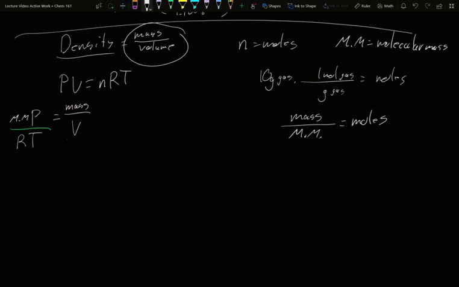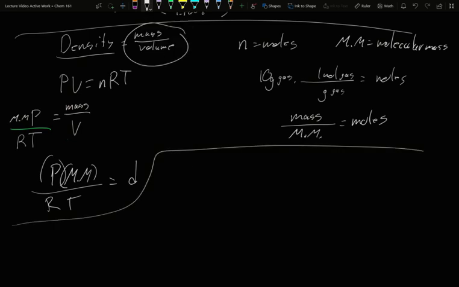What we will find is that we can recreate an equation that says that the pressure times the molecular mass divided by RT is going to be equal to the density. You can always find the density of your gas if you know the molecular mass, the pressure, and the temperature.